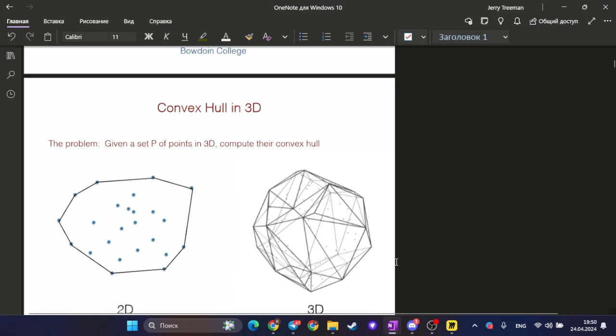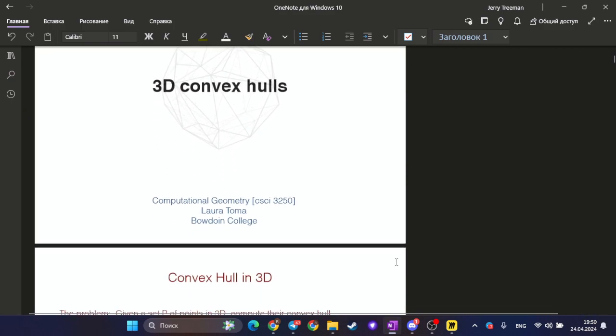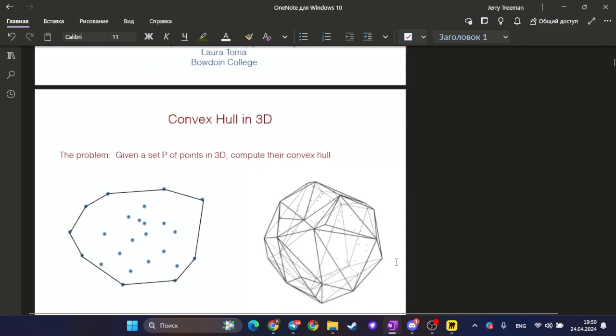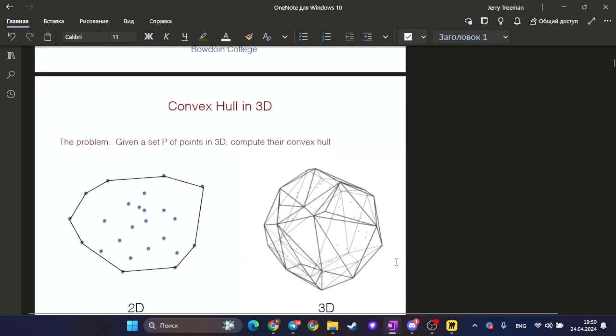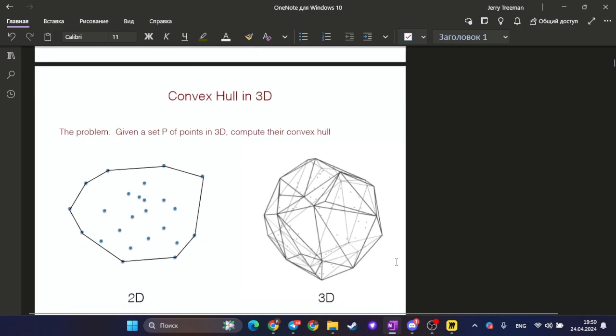Hello. Today we are going to learn convex hulls in three dimensions. In the previous lecture, we learned convex hull algorithms for two dimensions, and all the definitions in our previous lecture will be correct for three dimensions.